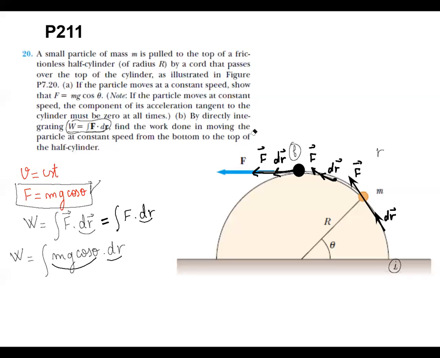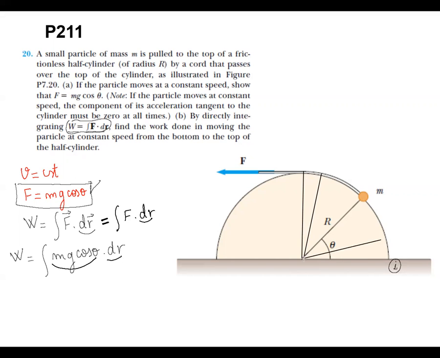dr is a small portion of the trajectory. Let's say from here to here, or from here to here, any position.